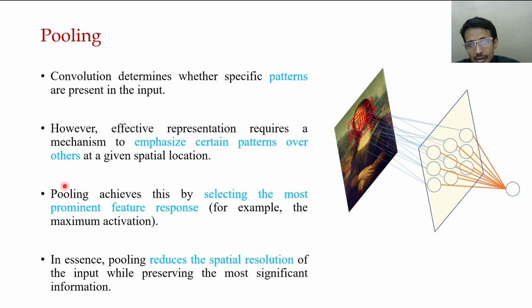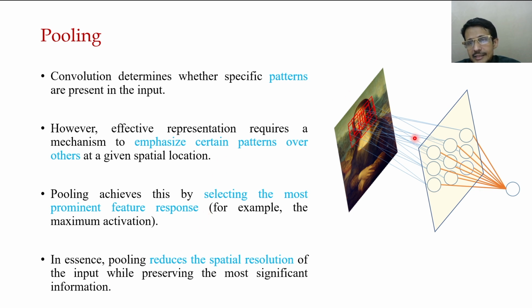This operation is very important to understand which pattern is most prominent among all other patterns for a particular image batch or a particular local region. In essence, pooling reduces the spatial resolution of an input while preserving the most significant information, and that is basically the job of pooling.